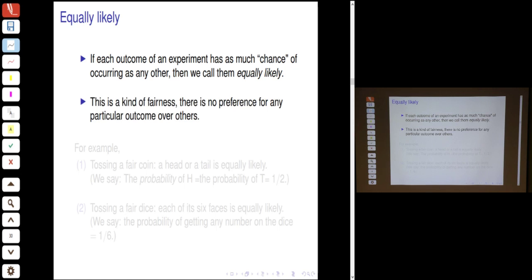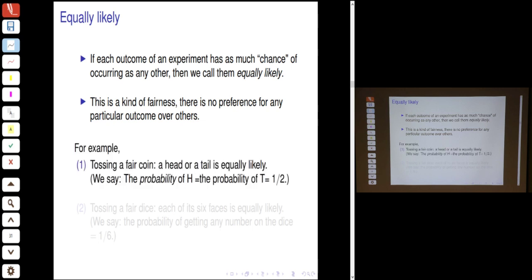So there is no preference of any particular outcome over others. So it's like throwing an unbiased coin, right? So it's equally likely you see head or you see tail.